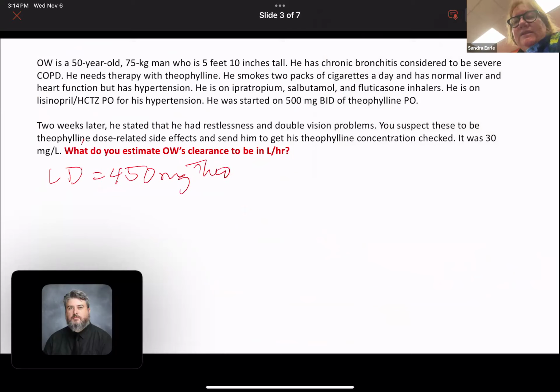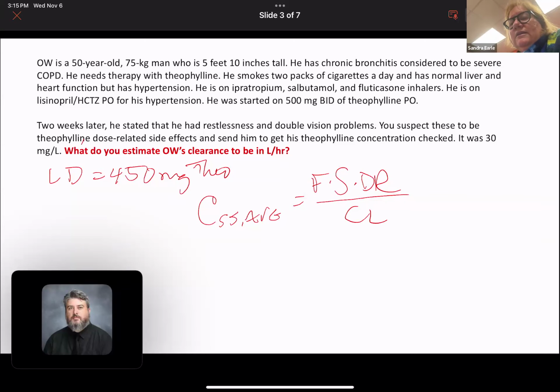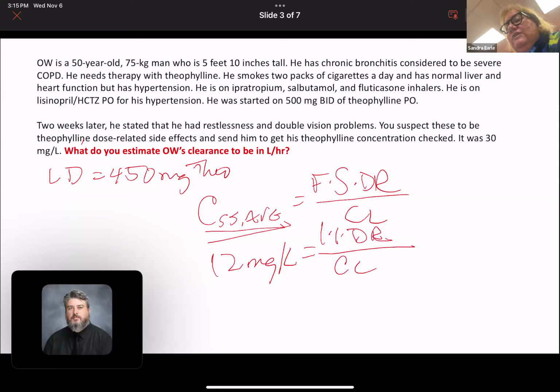And now what about our maintenance dose? So for our maintenance dose, we'd come right back to good old CSS average, right? Where we're gonna have our bioavailable salt form of our dose rate all over clearance. And here again, we know our target is gonna be 12 milligrams per liter. We know we don't have to worry about bioavailability or salt form in this case if we're gonna give theophylline. And we're solving here for our dose rate, but we still also need to get a guess.